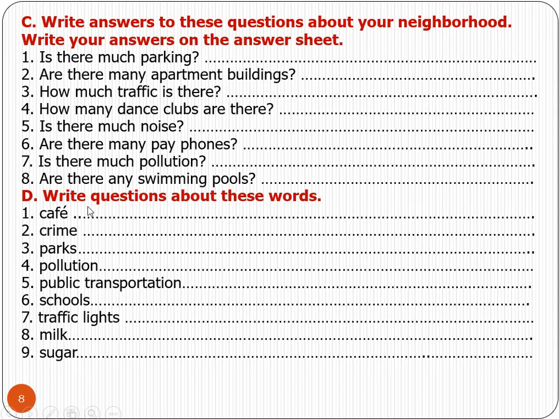Just look at these words and think about whether they are countable nouns or uncountable nouns, singular nouns or plural nouns. So write questions about these words. Also, you can write your answers on the answer sheet.